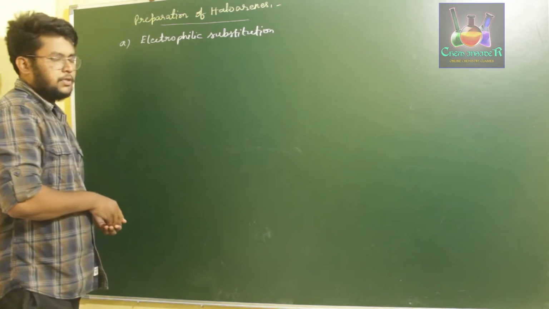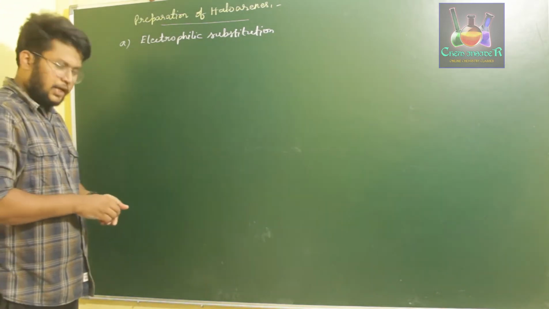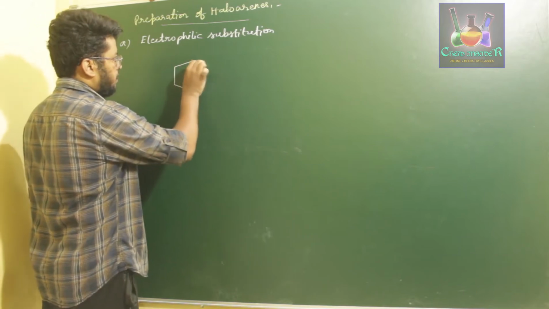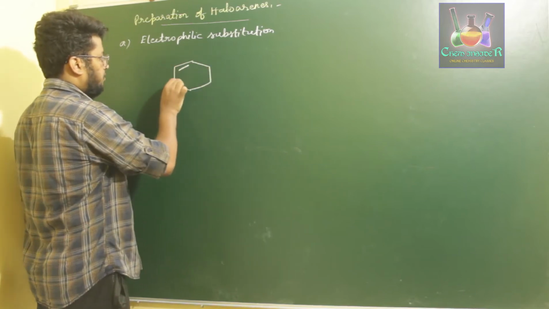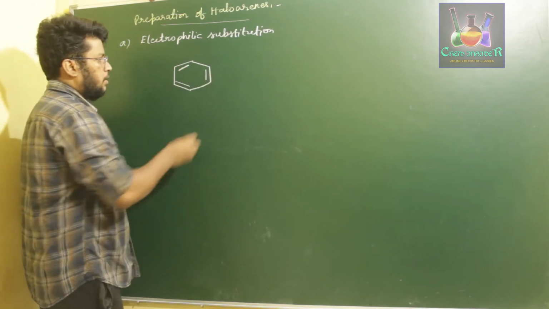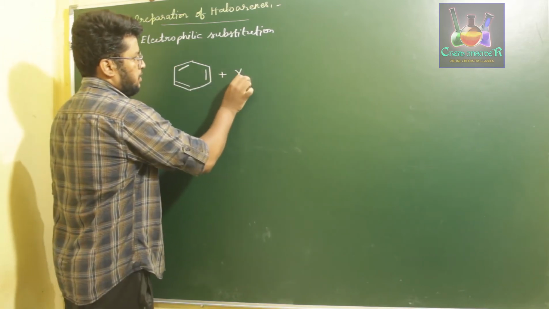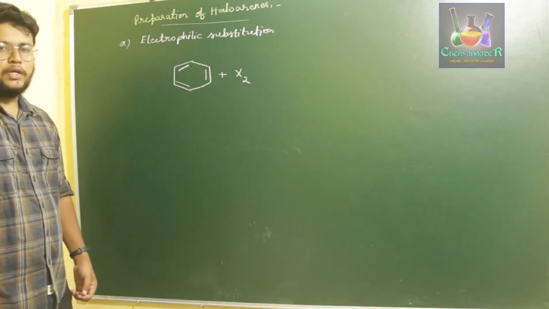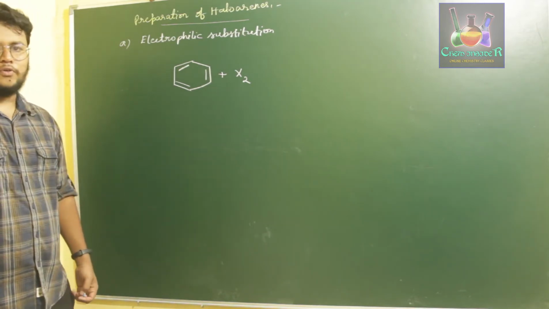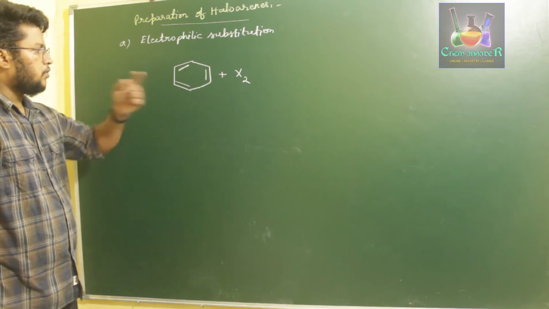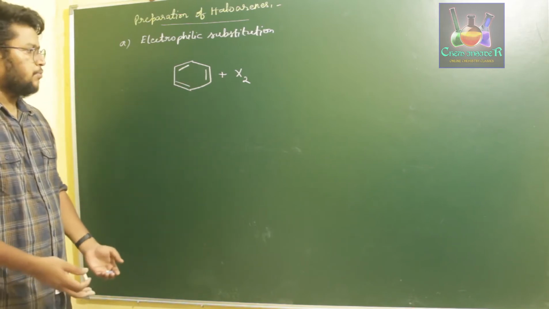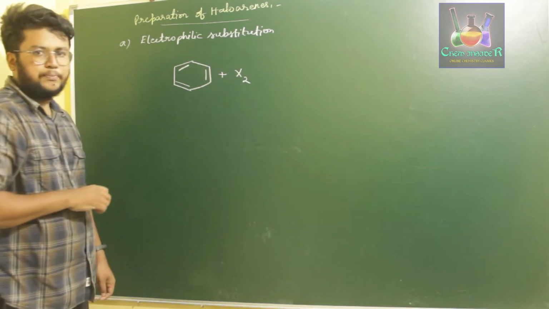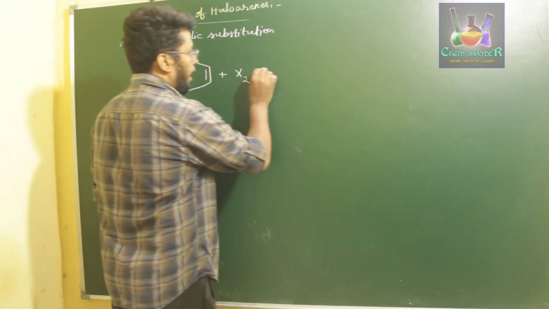For electrophilic substitution of aryl groups, let us take an example. When we treat benzene or any aryl group with halogen, in this case we use chlorine or bromine. If you have to treat iodine or fluorine, you have to use better reagents. For now, we'll just consider chlorination or bromination. We treat the halogen with an aryl group in the presence of a halogen carrier.